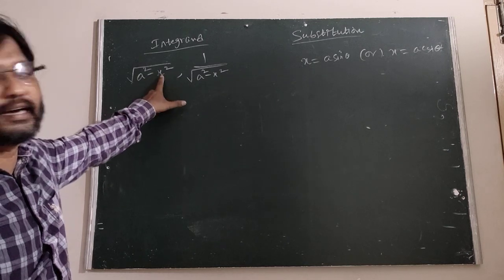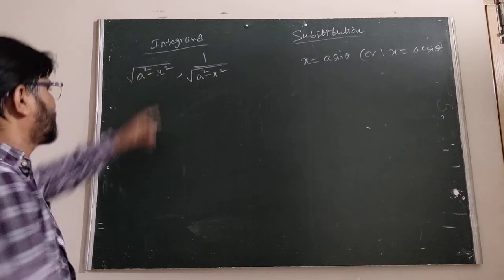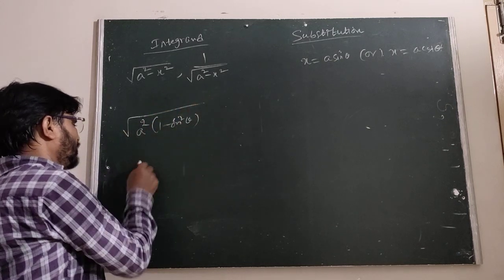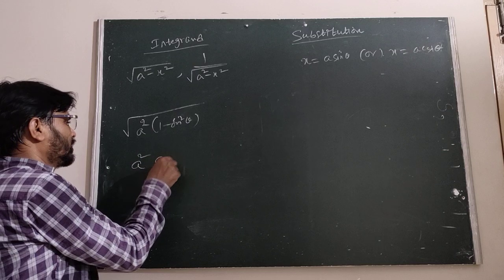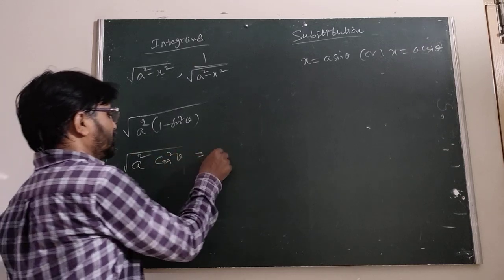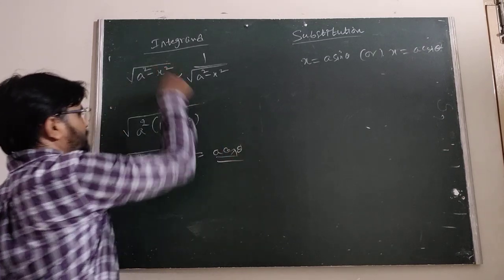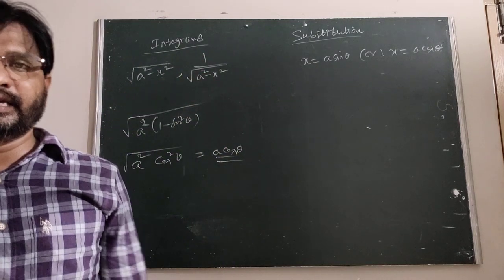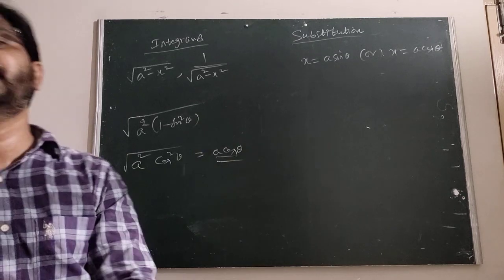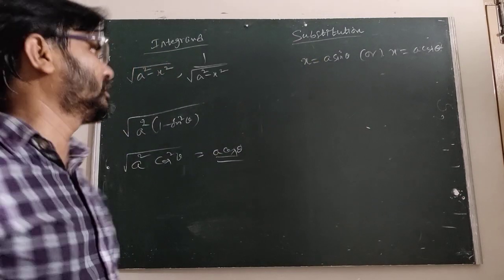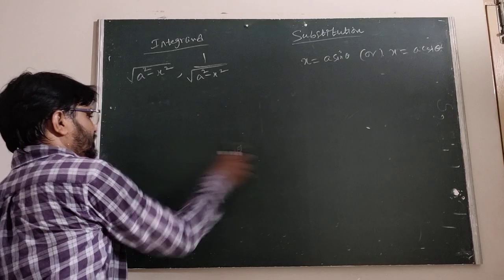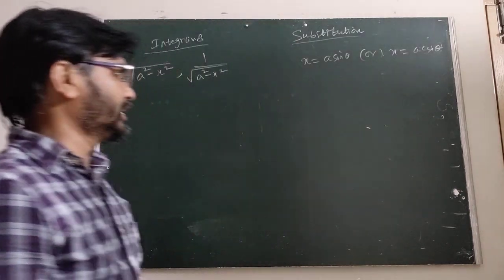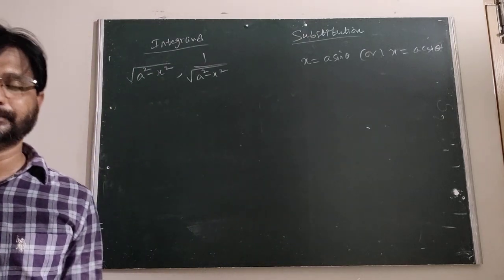Then taking the common factor a square, this is completely 1 minus sin square theta. Therefore, a square into cos square theta. Now this is a cos theta, and 1 by that is 1 by a cos theta. That's why for a square minus x square or 1 by a square minus x square under the root, we have to take the suitable substitution x equal to a sin theta or x equal to a cos theta.